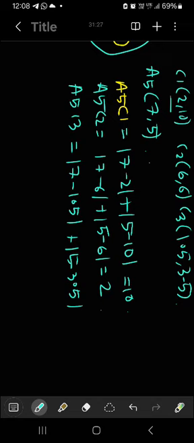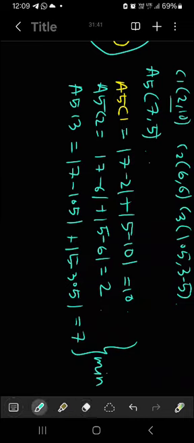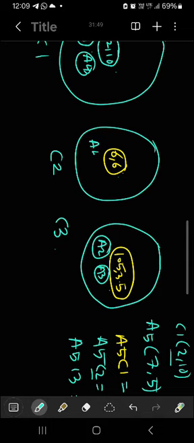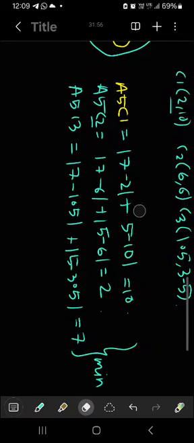So 5.5 plus 1.5 is 7. We take the minimum. Our minimum is 2, and that belongs to C2. That means A5 will belong to the second cluster. Next we have to check A6 as well. So let's check A6.